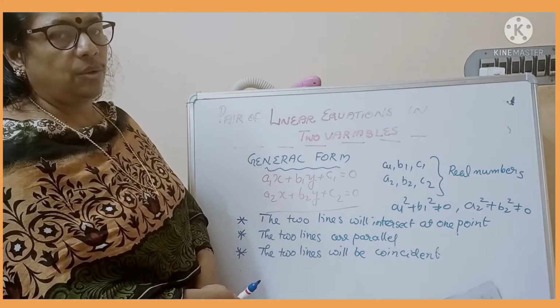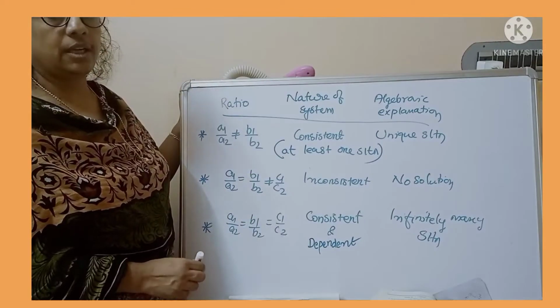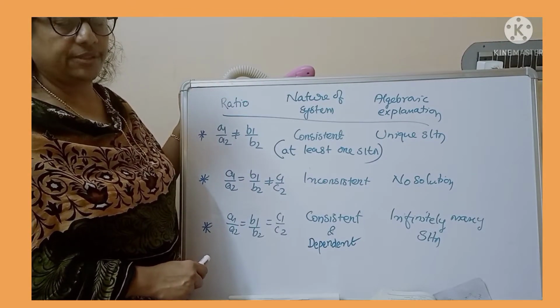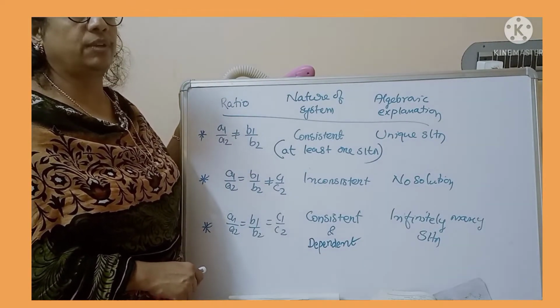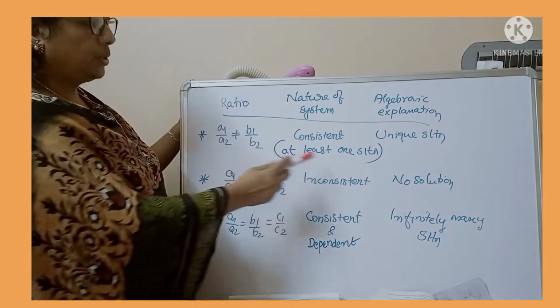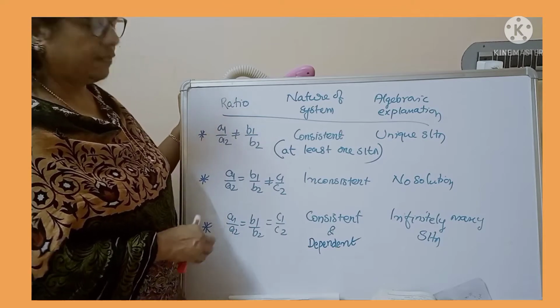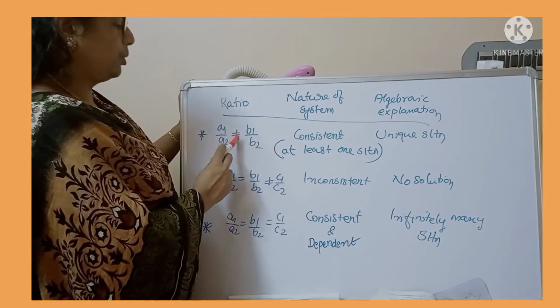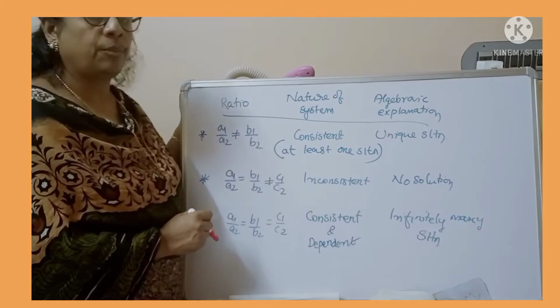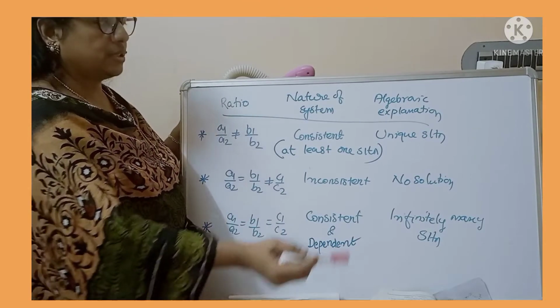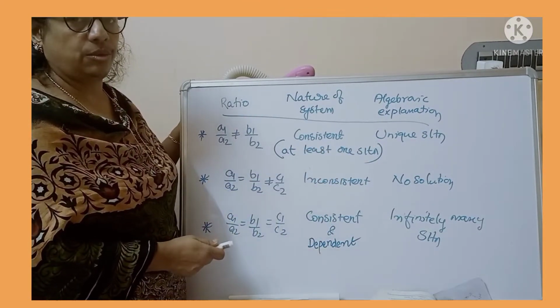Okay, so we will find out taking the ratio of the coefficients of these pair of linear equations, how we can identify the solutions of these equations. First one, a1 by a2 not equal to b1 by b2. Then these equations have unique solutions.